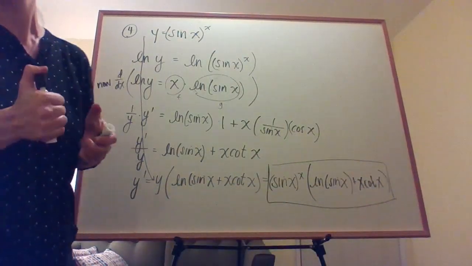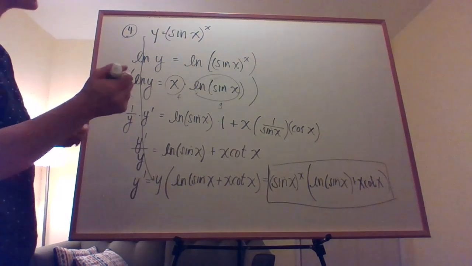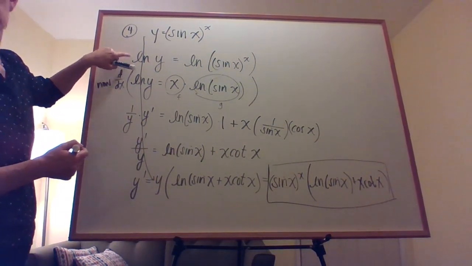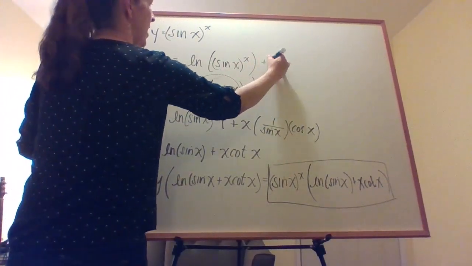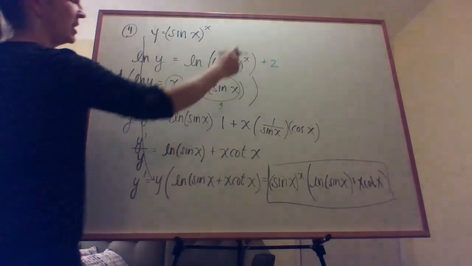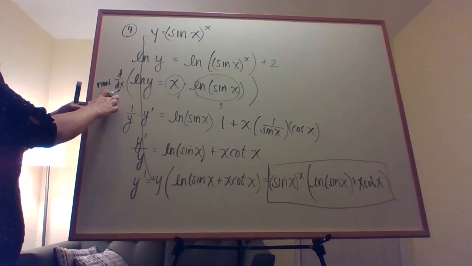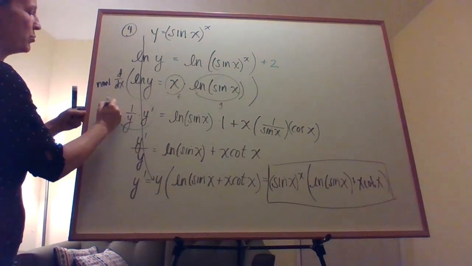for your full 12 points there. So if you took the natural log of both sides and used the natural log properties, okay, then that's 2 points there, getting us all the way down to here. Once you take the derivative and you differentiate, getting this left-hand side is worth 2 points.